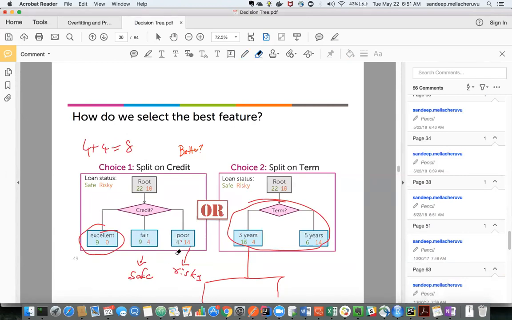And in this branch, assume that it is actually risky, and 14 times you are predicting risky according to the data, and 4 times the data says it is a safe loan. Now 4 times you may go wrong according to your training data set. So here again 4 is the number of mistakes you can make. So the number of mistakes you can make here is 8.